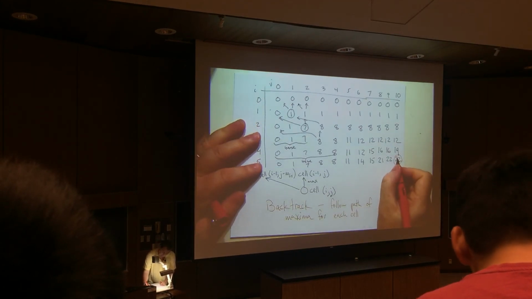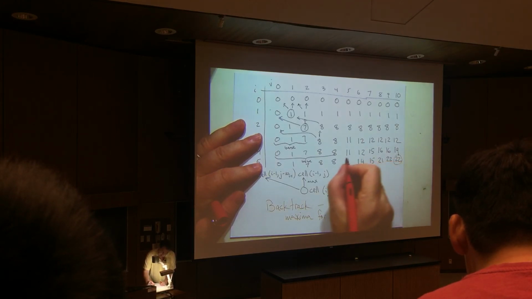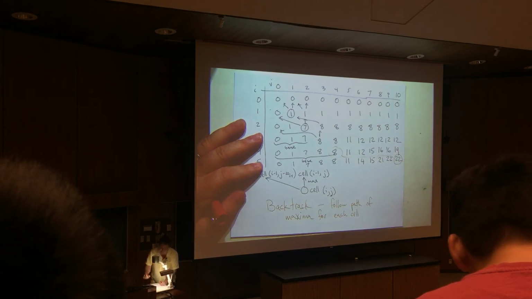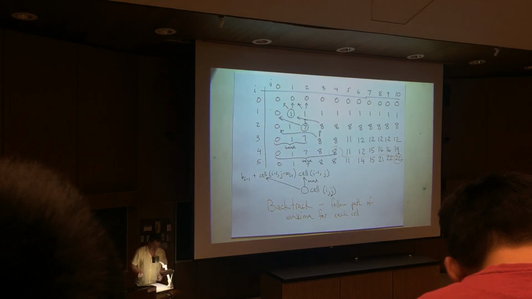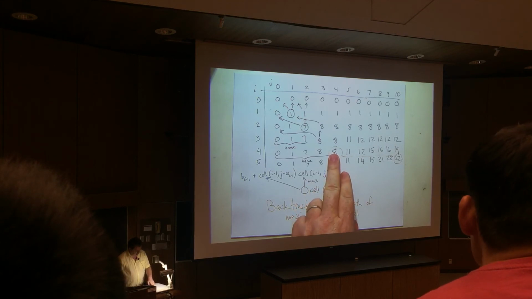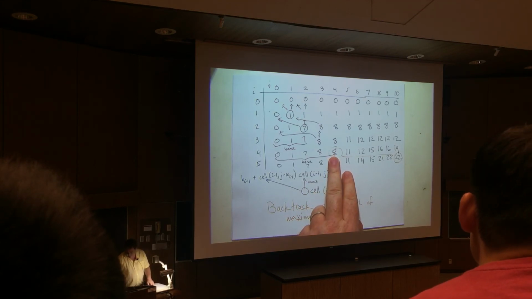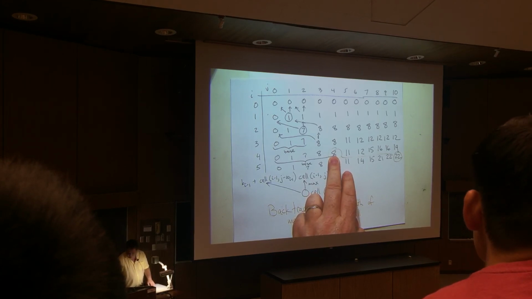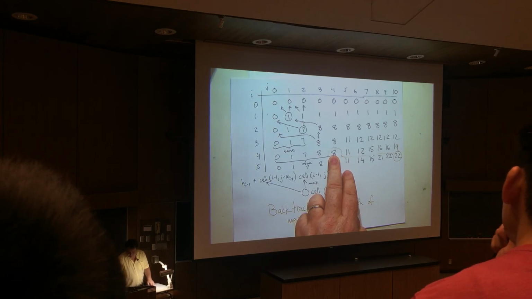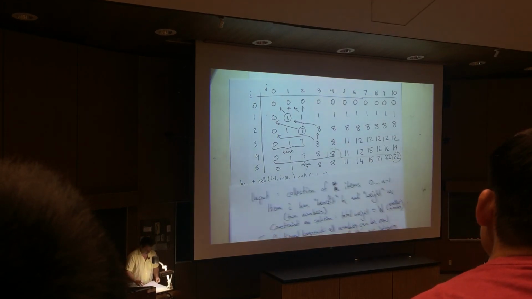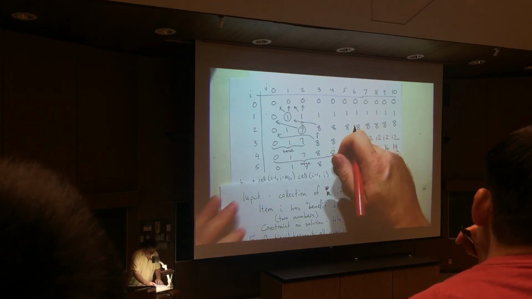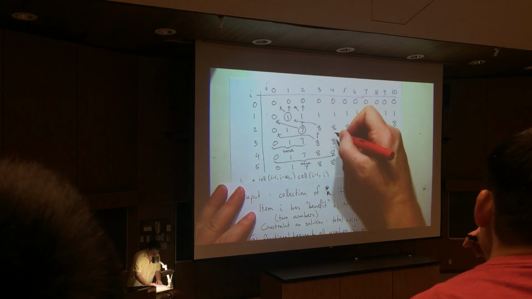This 22 was something that we got as the maximum of 19 and this 8 plus 14. This 8 was something that we calculated as, let's see, we got it from going up here.